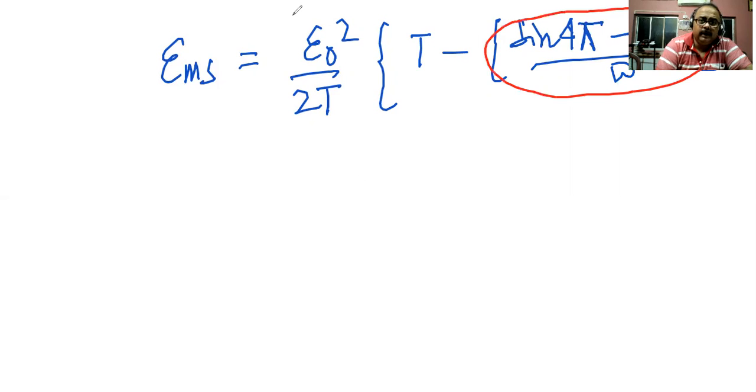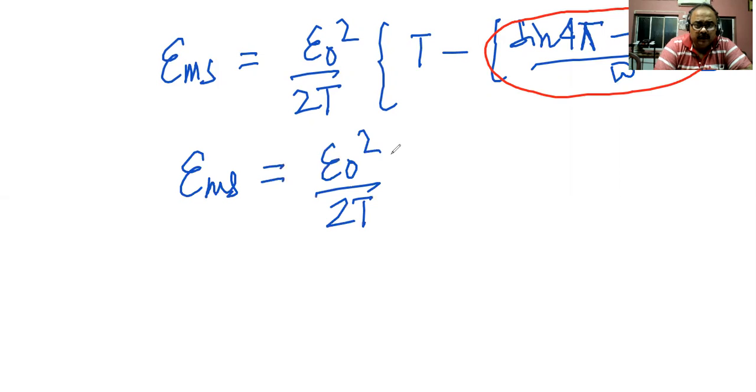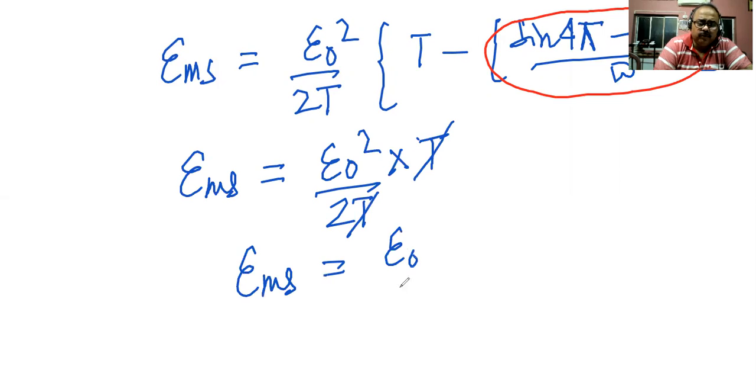So what do we get over here? Therefore, E mean square equals E naught square by 2t, this into t. So t into t gets cancelled. So you get E mean square equal to E naught square by 2.